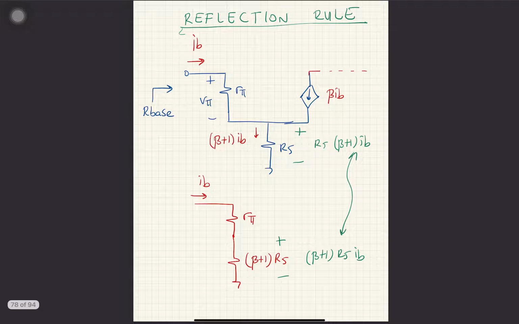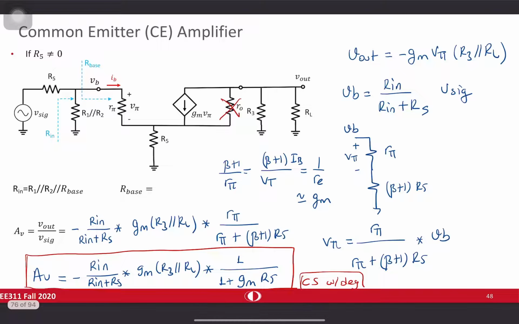Like in the common source case, because of degeneration, we have a more stable amplifier. I mean, if you choose Gm R5 much larger than 1, then these Gms are going to cancel out, and you will have a transistor independent gain like in the common source with degeneration. So keep in mind that this is for common emitter with degeneration.